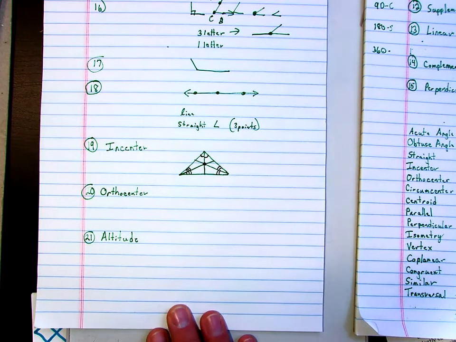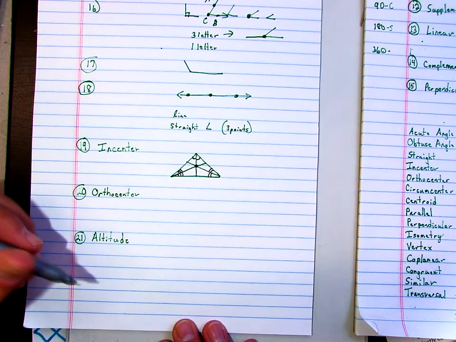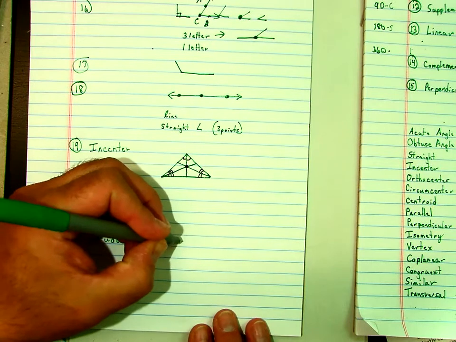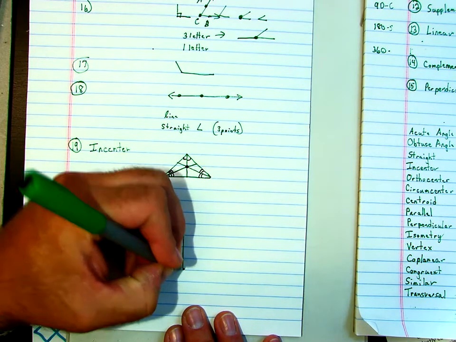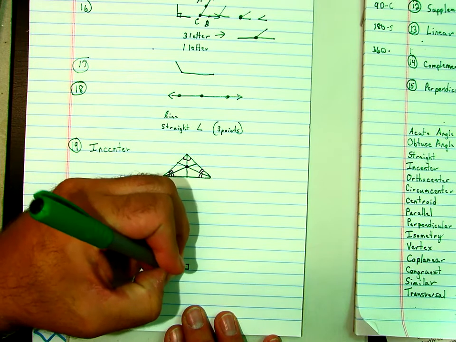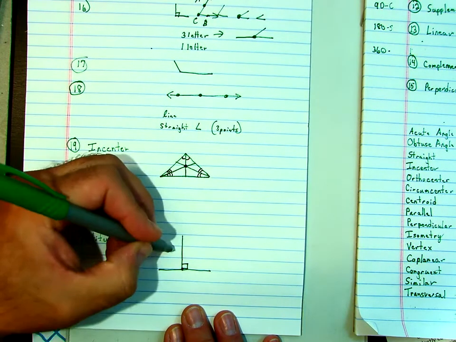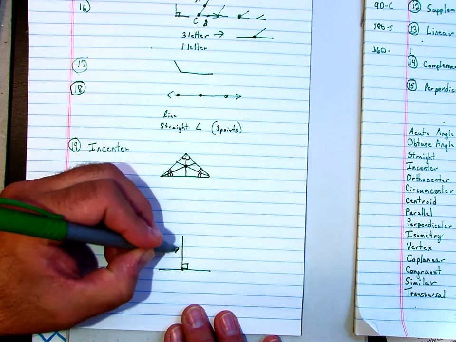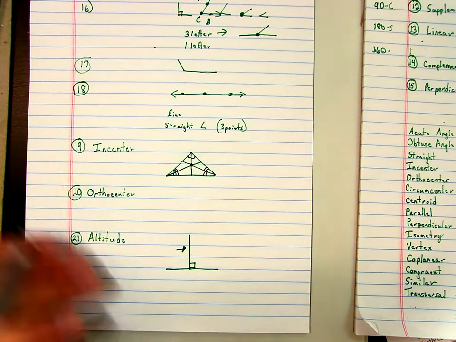An altitude is a right angle mark. It is also known as a height. So that means anything that has a right angle mark to it, this would be the altitude. The line that makes the perpendicular angle.